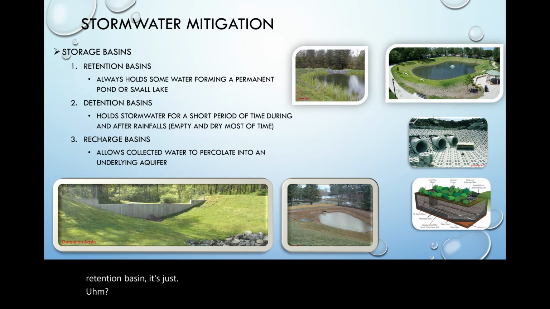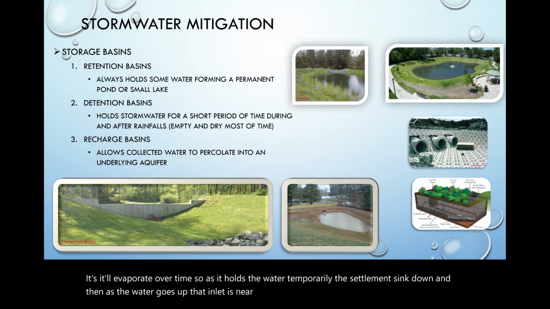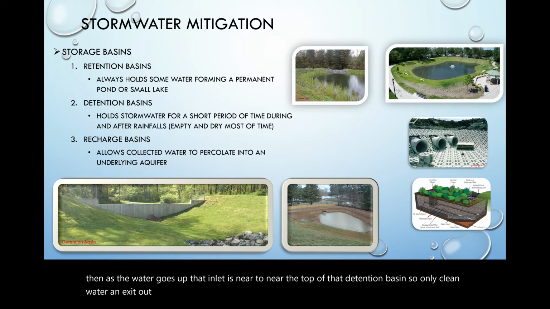It'll evaporate over time. As it holds the water temporarily, the sediments sink down, and then as the water goes up, that inlet is near the top of that detention basin, so only clean water exits out of that stormwater pond. And then we have recharge basins, basically allows collected water to percolate into an underlying aquifer.